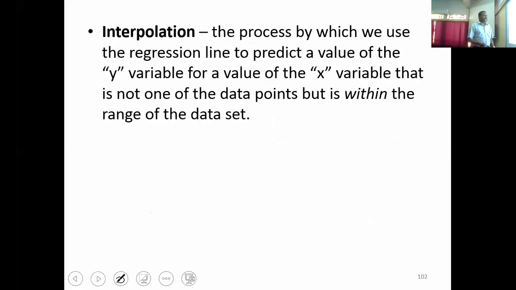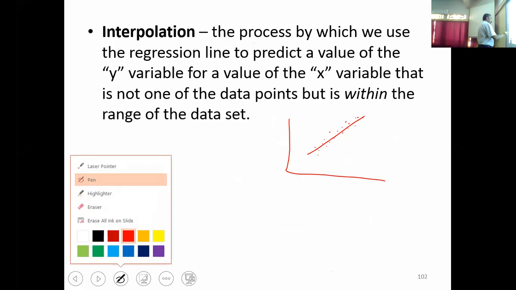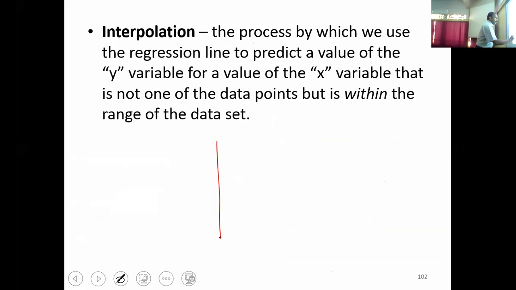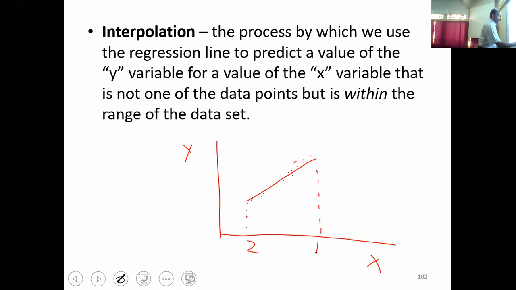What do you mean by interpolation and extrapolation? Look at this data. Let's say I have data with x values from 2 to 10.